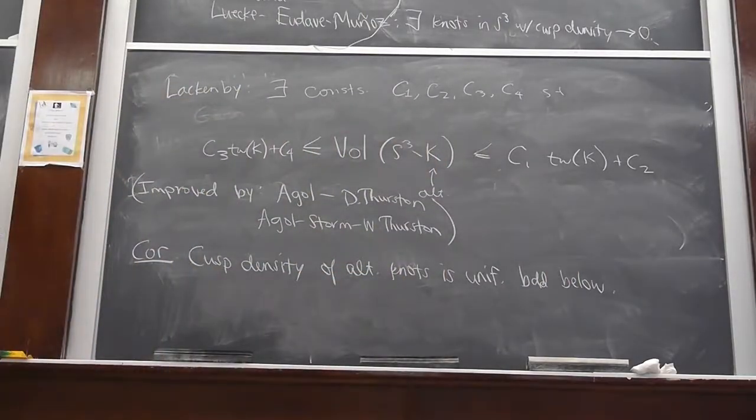So somehow alternating knots carry a lot of their volume in their cusp. And that would be one good reason that the diagram of an alternating knot seems to be so much more related, using SnapPea, to the geometry than many other examples of knots.